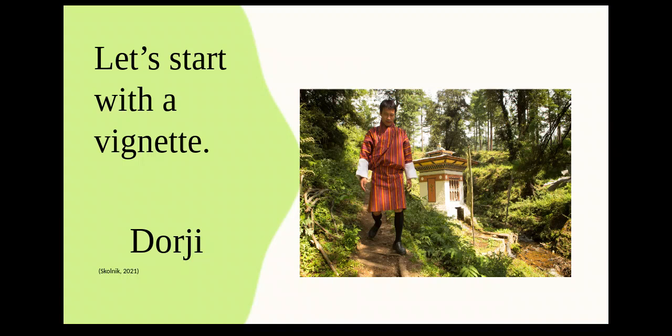And when his symptoms don't improve, he decides to go to the clinic where, in Bhutan, clinics are divided into both indigenous healers and Western medicine. It's a combined model to be culturally responsive. So Dorji sees the indigenous healer and he describes his symptoms.